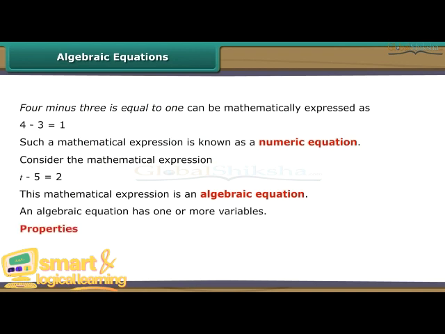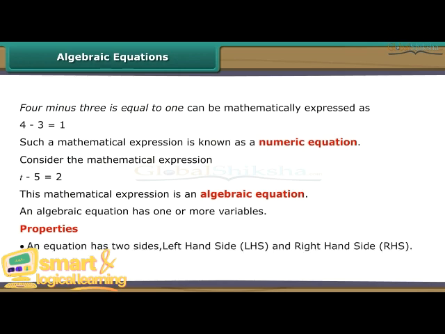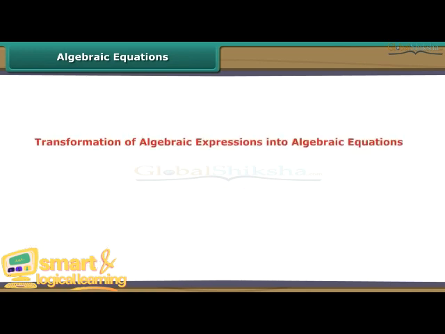Let us now look at two properties of equations. 1. An equation has two sides, left-hand side or LHS and right-hand side or RHS. 2. An equal to sign that equates the LHS with the RHS. Let us express all the earlier algebraic expressions as algebraic equations.